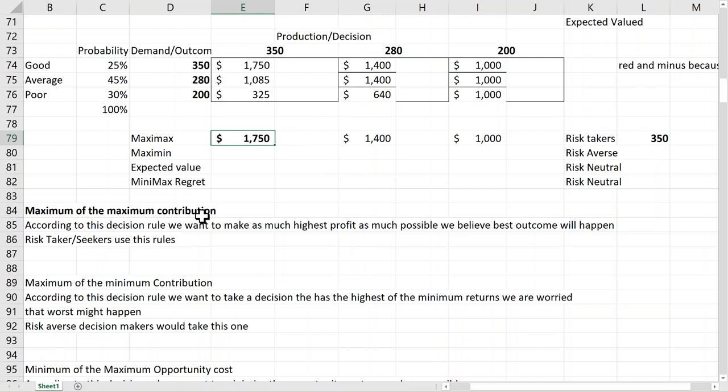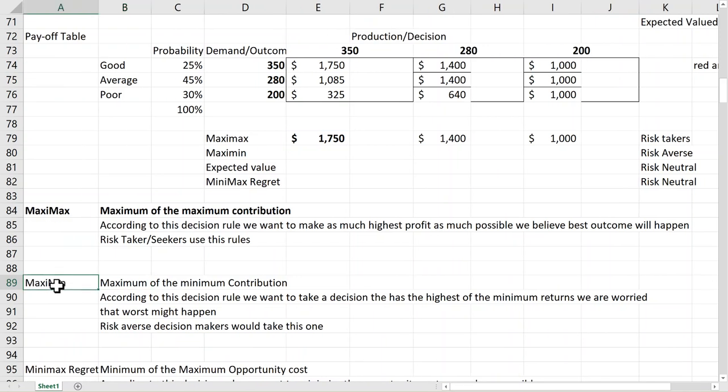Next one is Maximin. Maximin is maximum of the minimum. So we believe that the worst outcome will happen.